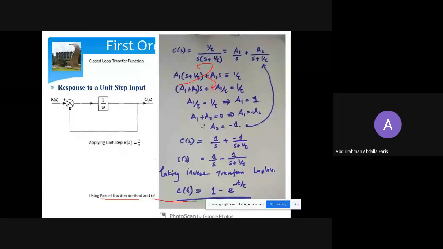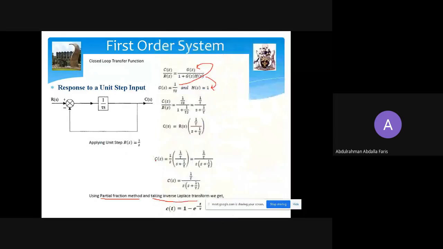So this is the partial fraction method. We have this, and we want to split it so that we can easily change C(s) into the time domain.